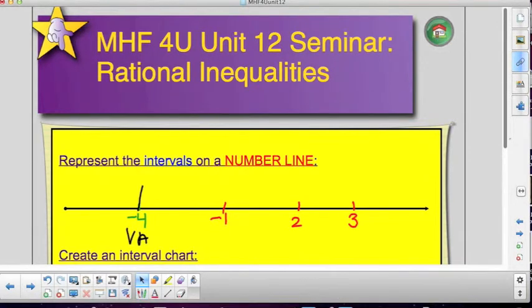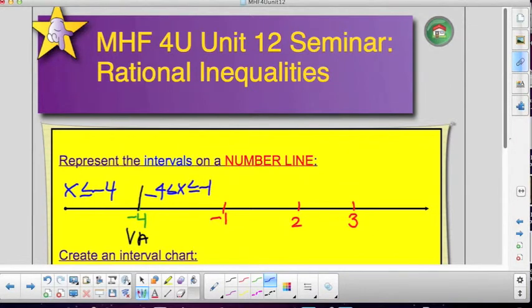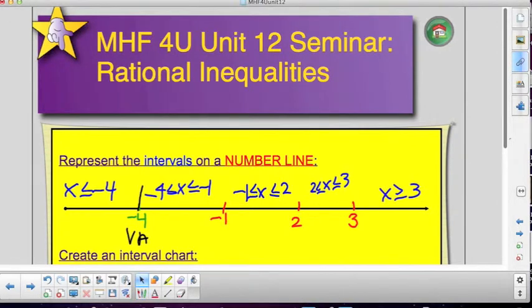So my intervals are going to be when x is less than or equal to negative 4, in between negative 4 and negative 1, in between negative 1 and positive 2, in between 2 and 3, and finally x is greater than 3. You want to be able to identify that at positive 3 we have another vertical asymptote.